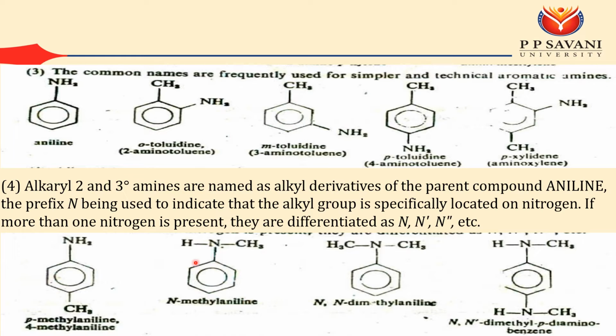And this one is N-methylaniline, simple, and here a dimethyl group is present, so you have to write N,N-dimethylaniline. And this one has the same group on both nitrogens, so we write N dash, and this is two times. That's why we are using N,N'-dimethyl para diamino benzene.